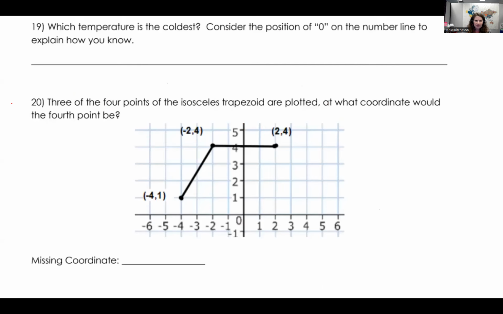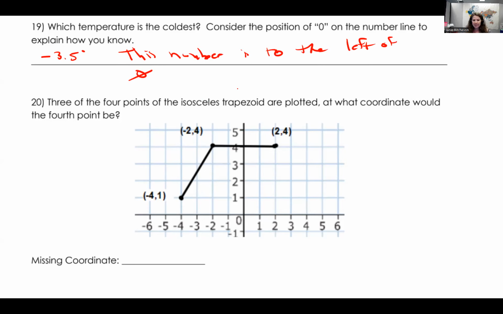So the answer is -3.5 degrees Celsius. And then I would say this number is to the left of 0 on a number line, which makes it the smallest. Okay. Of course, you can't read that, but you heard what I said. So that would be a good answer.